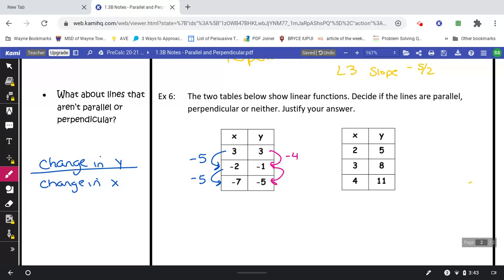And from -1 to -5 is subtract 4. So it's the change in the y's, -4, divided by the change in the x's, -5. And we can write that as 4/5. That's the slope of the first table. See if you guys can do the same thing on the second table and find the slope.